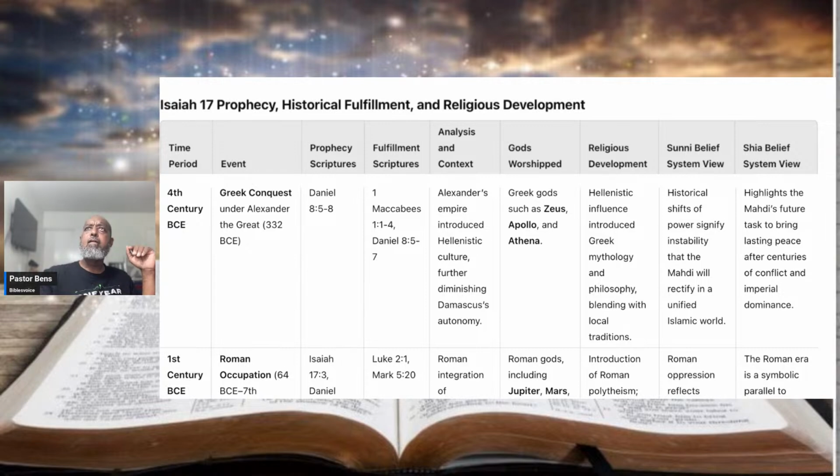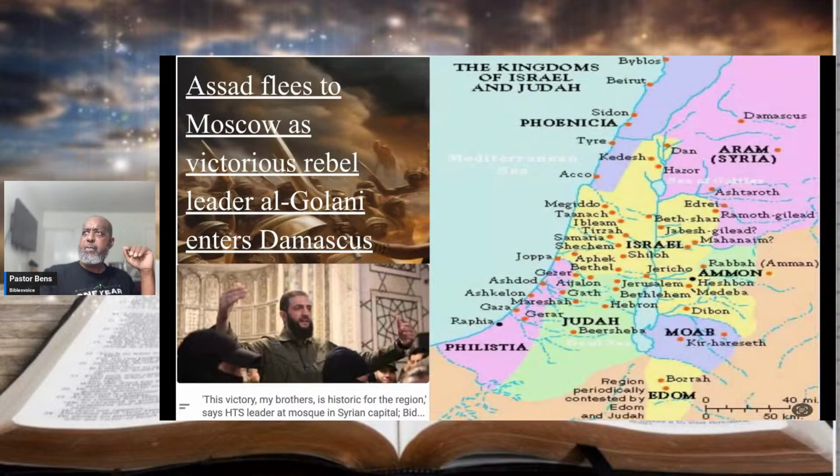If we go back and look at all the nations that have conquered all of these areas, the areas in the pink, the areas in the purple, the yellow, the greens, the orange. You look at all of the nations that have conquered these nations. Watch this. The one thing they have in common is that they brought their gods with them.